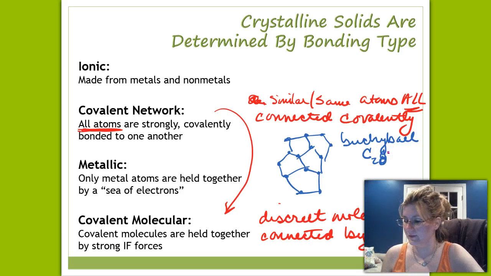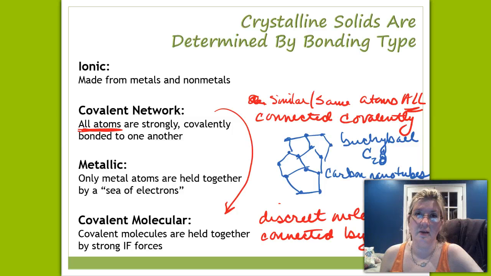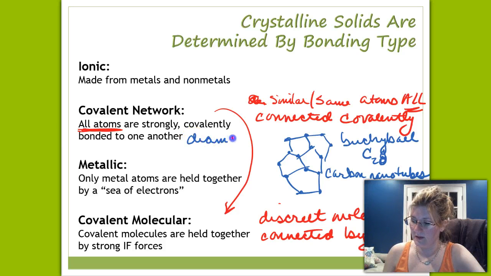They're all covalently bonded. We can also have carbon nanotubes, and I know I had you watch a video on those one time, and how strong they are and how much promise they have for tomorrow's technology applications and building applications. Also in this category we have diamond, because diamond is nothing more than carbon. It used to be coal, right?